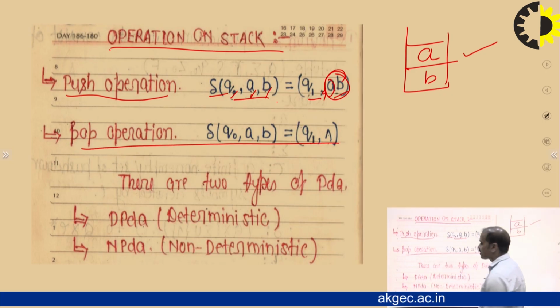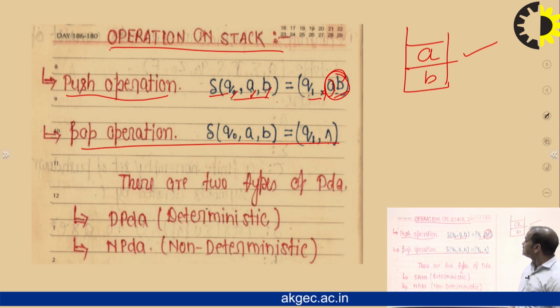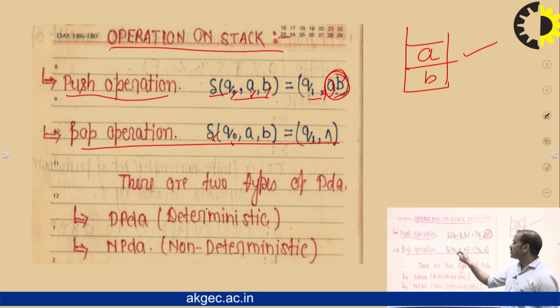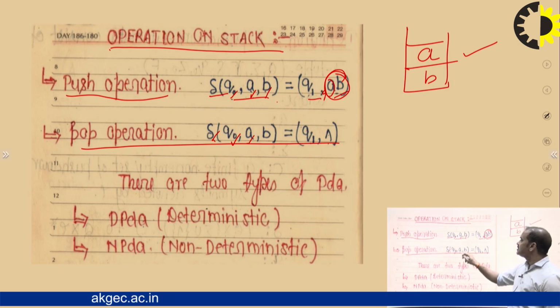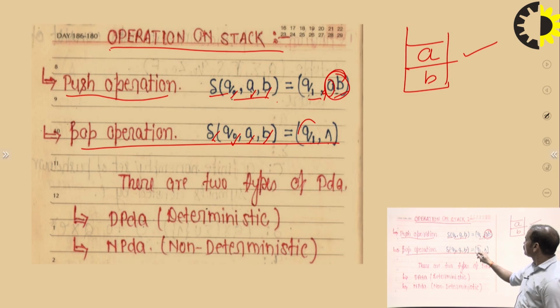In the case of the pop operation, a similar movement is considered. Delta: Q naught is the initial state, A is the input symbol, B is the top of the stack. After processing, we move to the next state Q1, and the symbol to be pushed is null.